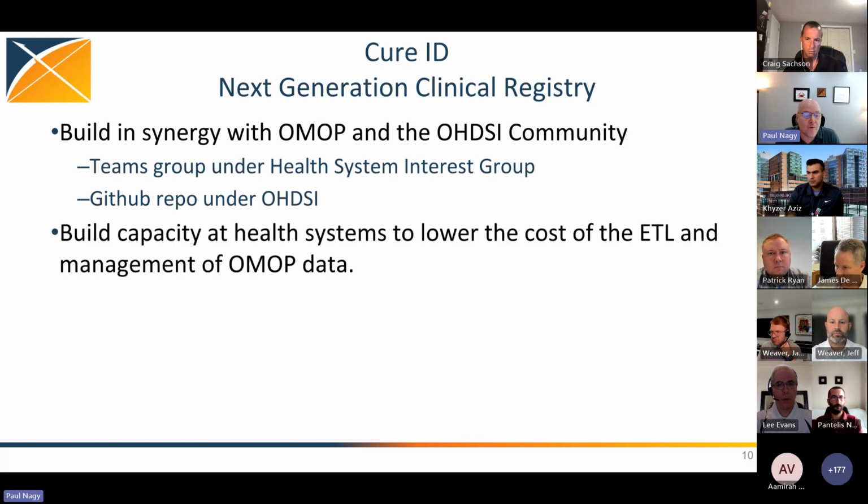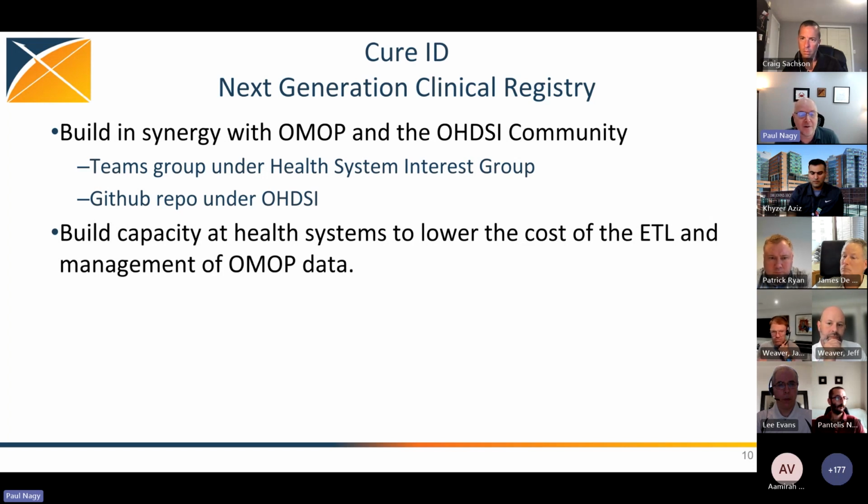They also focused not just on sites that had data ready to go, but they really were helping focus on how do we build capacity at health systems to help lower the cost of ETLing their data and managing an OMOP data set. I think this is so important, especially in the United States, where the majority of care is being delivered in community health centers, yet the majority of health systems that are on OMOP are academic medical centers.